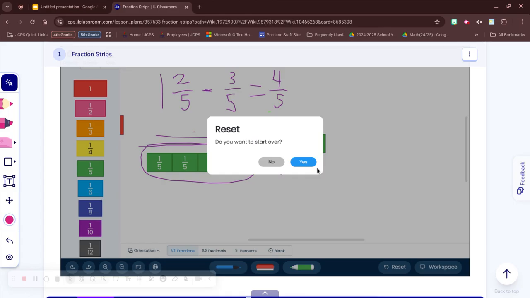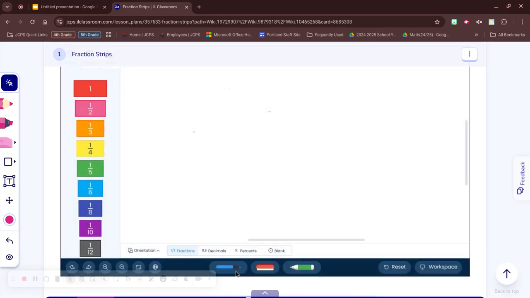I'm going to reset my workplace. Okay. If I was trying to find the equivalent fraction of 2/3 equals blank over 6. So I know that I'm starting with 2/3 and I'm going to turn it into sixths.